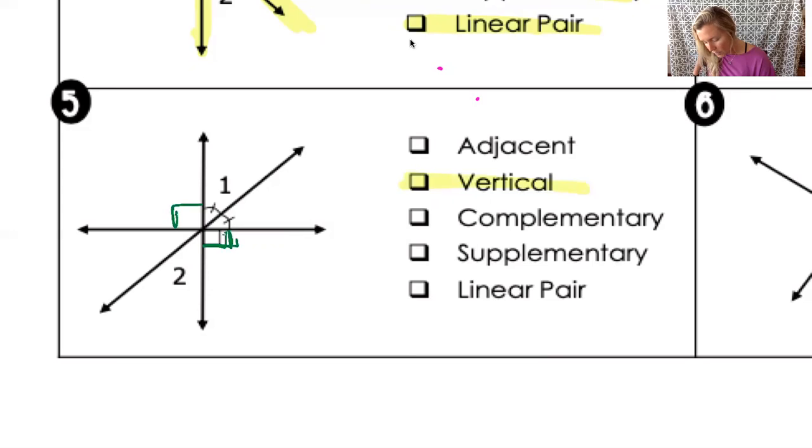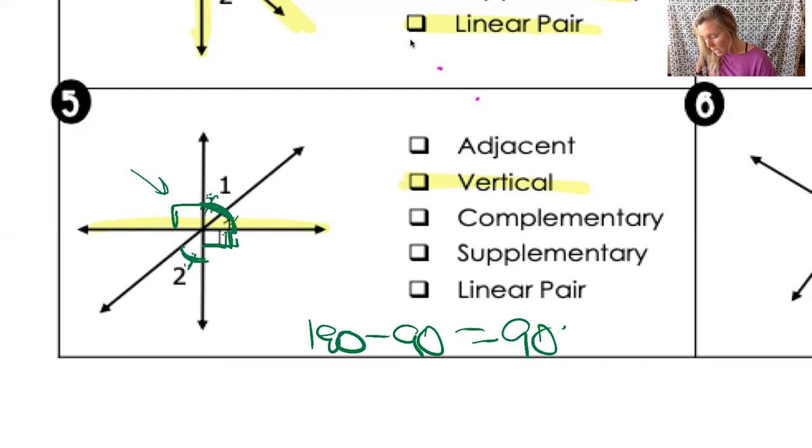We know that this is on this line right here, so we can take 180 minus 90, just like we did above, and we have 90 left over. So there's 90 degrees to share between the 2 of these, and these are directly across from each other, so they're equal automatically, which means that we have complementary angles.